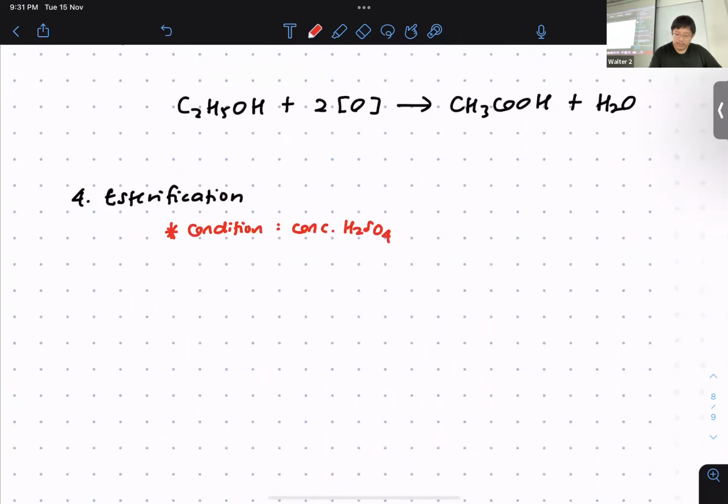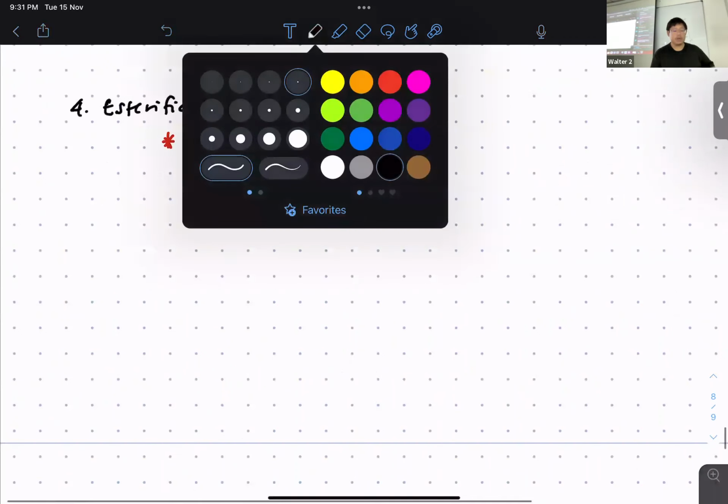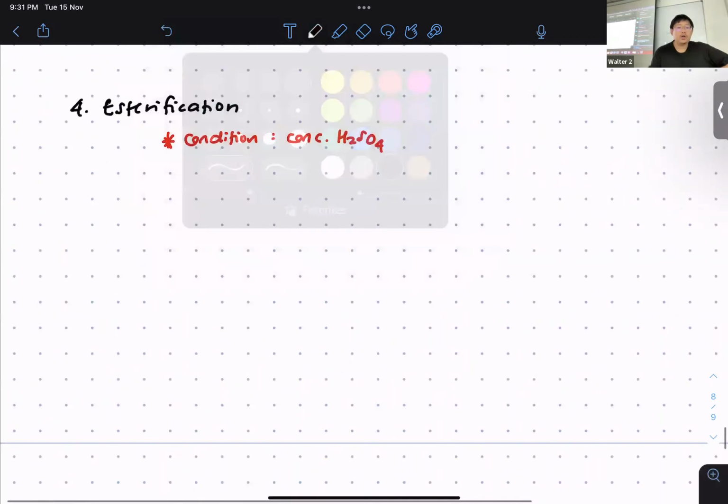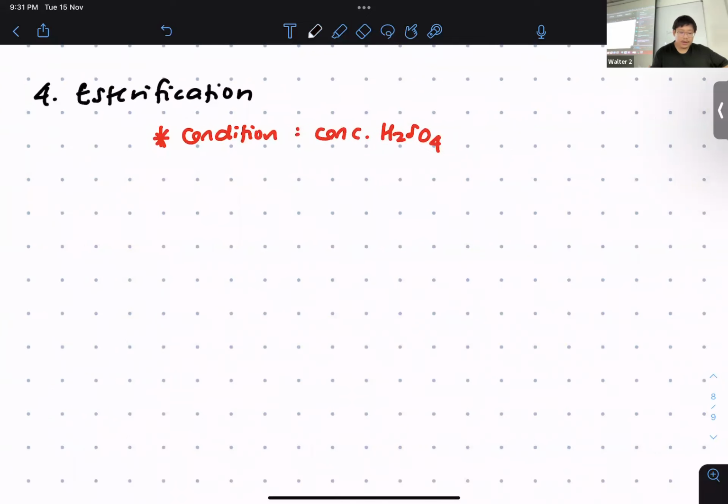All right, now for this part here, I'm going to show you, you will need two different things for esterification. You will need an alcohol and also a carboxylic acid. So I'll use a very simple example, a 2-carbon alcohol and a 2-carbon carboxylic acid. So for the ethanol, you can see over here.